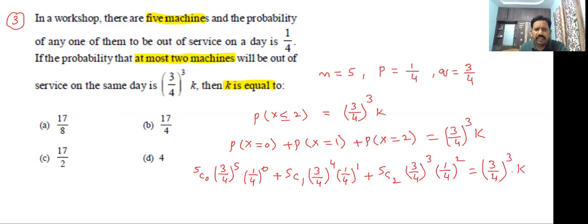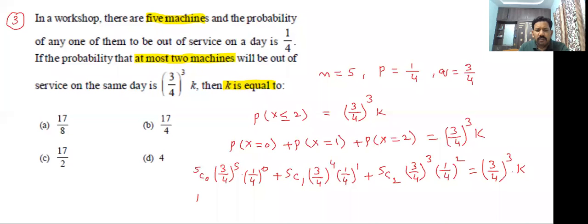Now see the left hand side, we need to do calculations. 5C0 means 1, 5C1 means 5, 5C2, 5 into 4 by 1 into 2, that is 10. Okay, but see the denominator, each and every term has 4, that should be 4 power 5.